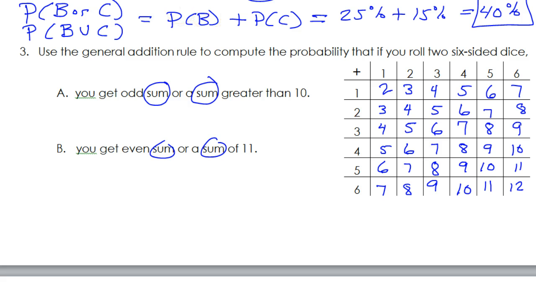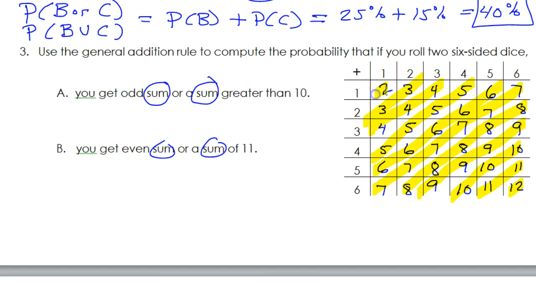Fun patterns here to look at. When you are completing this table in the future, notice the diagonals going this way. See how we have 3s and 4s and 5s, and really we started with 2. So it's 2, 3, 4, 5, 6s, 7s, 8s, 9s, 10s, 11, and then 12.